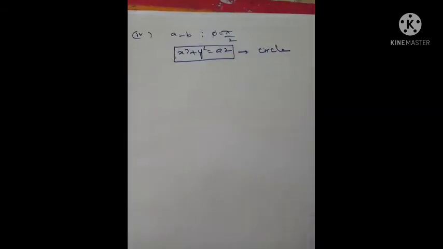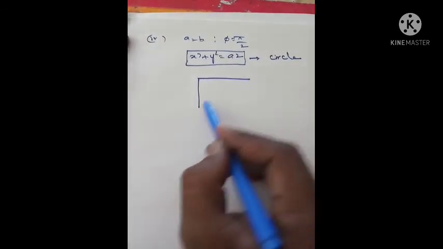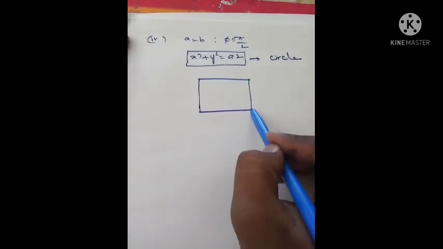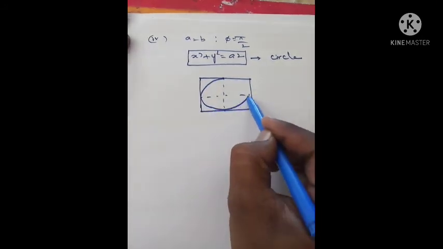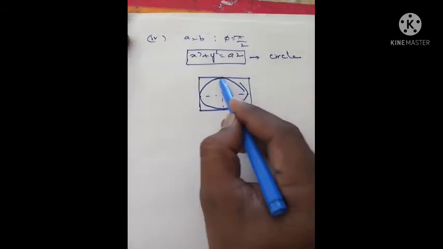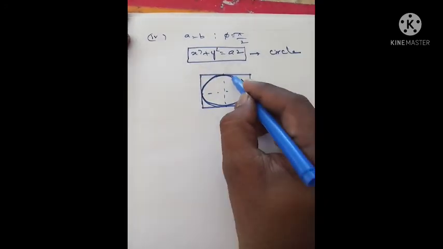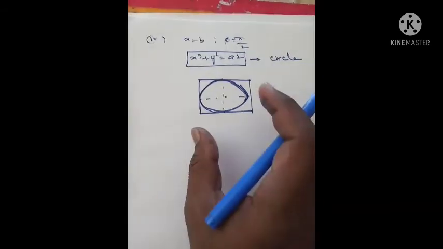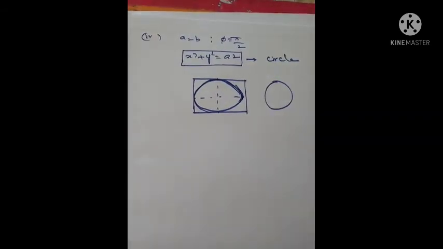Now the resultant path of the vibrations can be a circle. We will just take a circle shape like this.